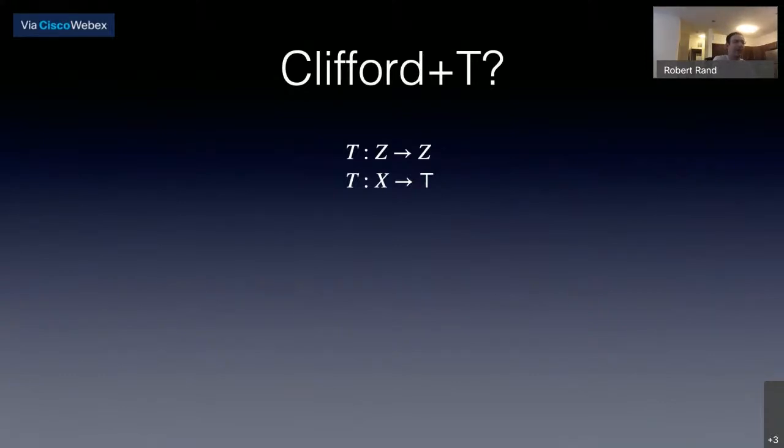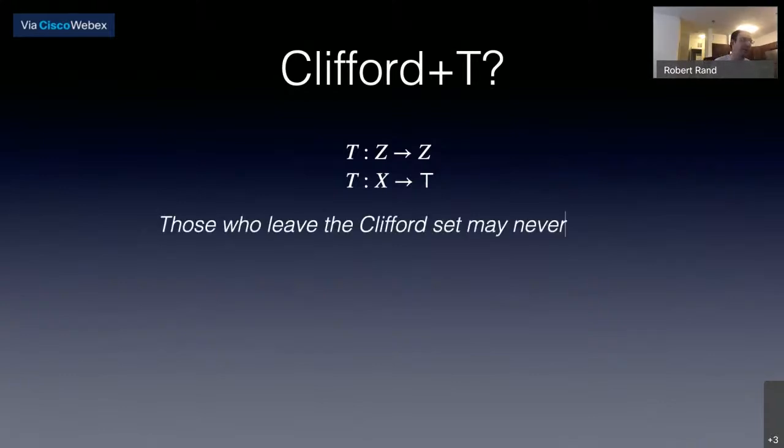Well, we saw earlier that S had this, our Z type is anything that's in 0, 1 with some modulo some phase. So T also has type Z to Z. Unfortunately, it has type X to top.